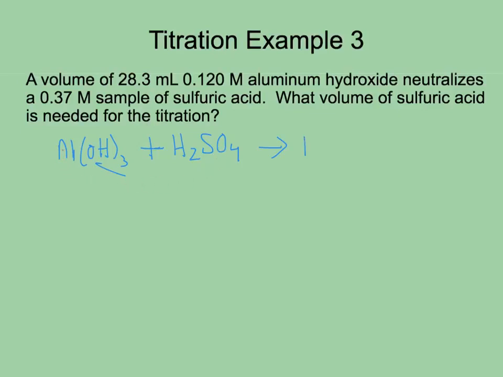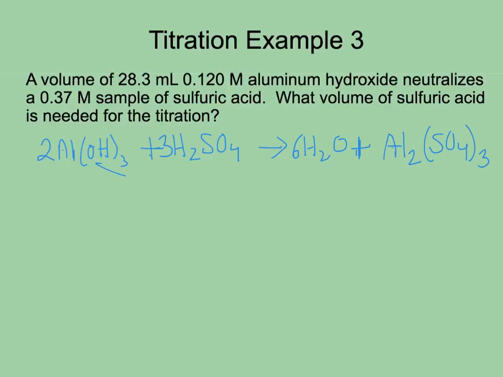So water is H2O, and then the two outer ones, aluminum sulfate. Aluminum is 3+, sulfate is 2-, so Al2(SO4)3. Let's balance it. So we need 2 aluminum, so we'll put a 2 here. We need 3 sulfates, so I'll put a 3 here. And so that means we would need 6 waters.